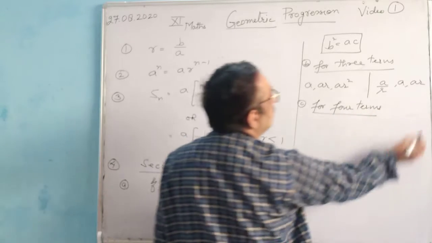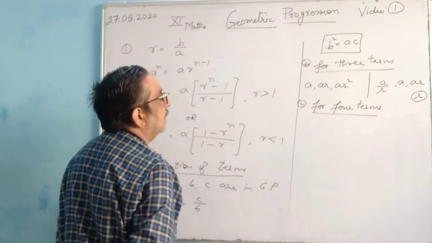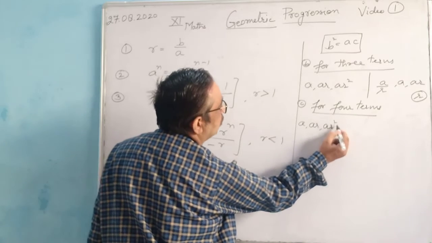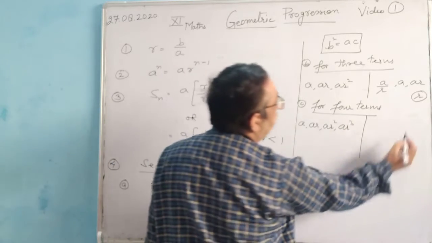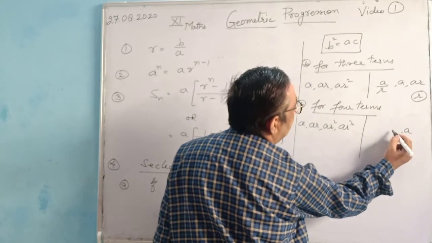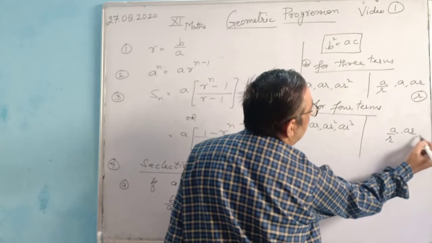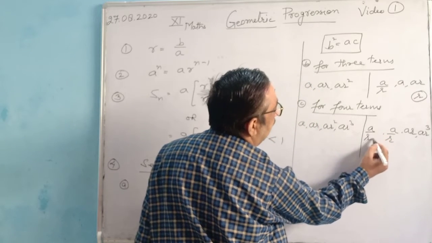In this case, common ratio be r. Four terms a, ar, ar squared, ar cubed. But other way, a upon r cubed, a upon r, ar, ar cubed.